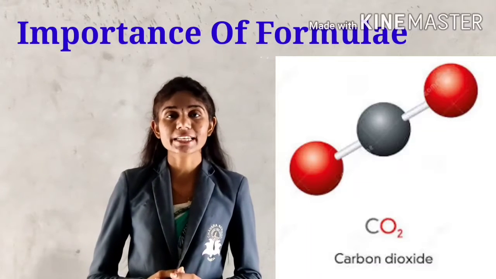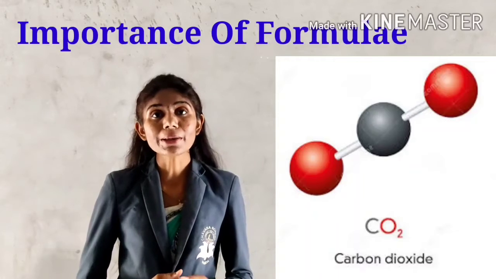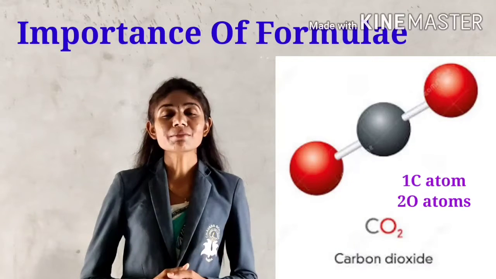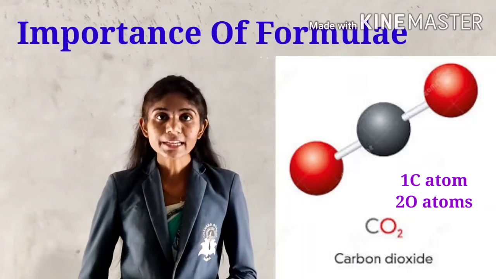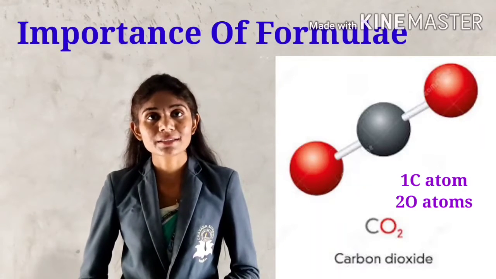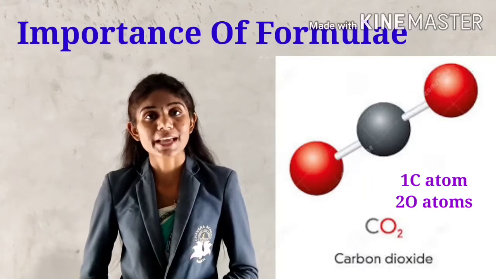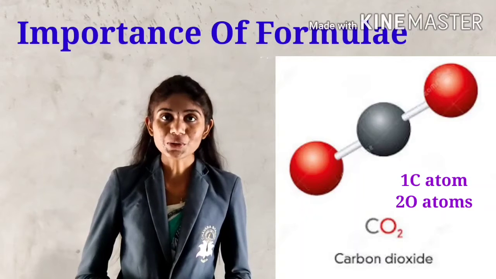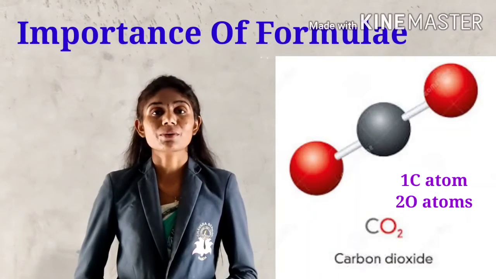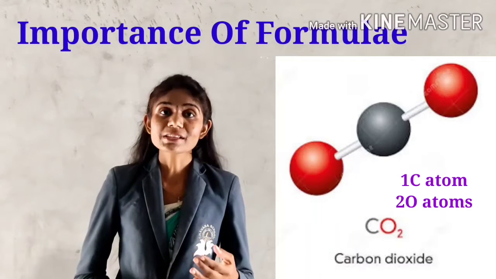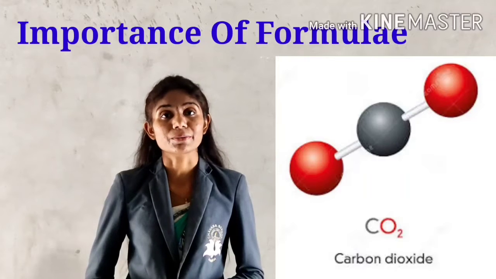It shows that one molecule contains one carbon atom and two oxygen atoms, and we can find the mass of one molecule by adding the mass of the carbon and the mass of the oxygen atoms together. It shows that the formula helps us to find the mass of the molecule, as well as understand which atoms are present in the compound.